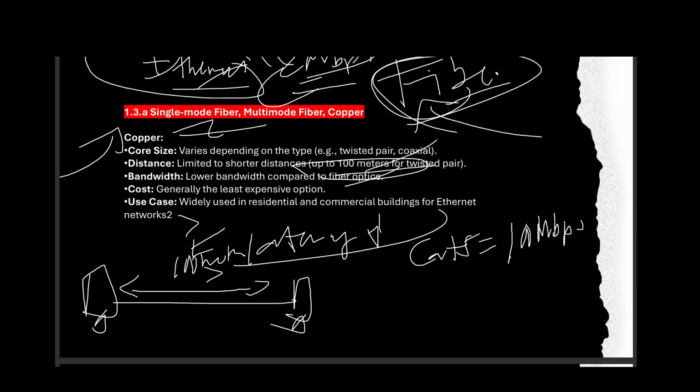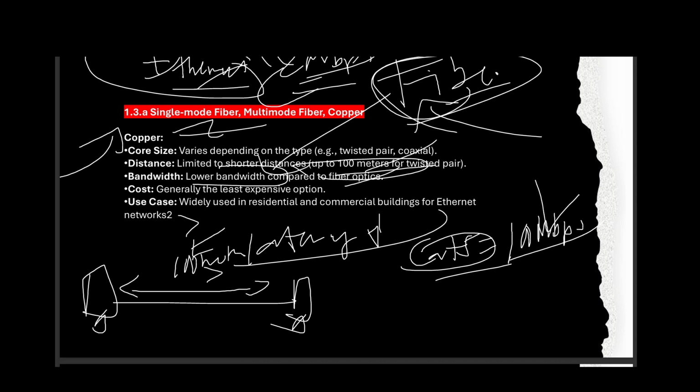And aside from that, it says here lower bandwidth, for example Cat 5 at 100 Mbps. If you have a plan of more than 100 Mbps, the only time that copper versus fiber will matter is if you use Cat 5 cabling and have an internet speed of 200 Mbps.